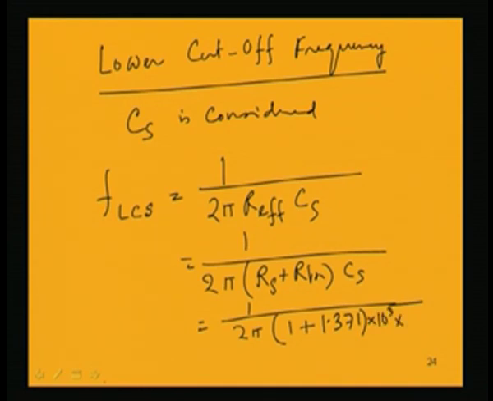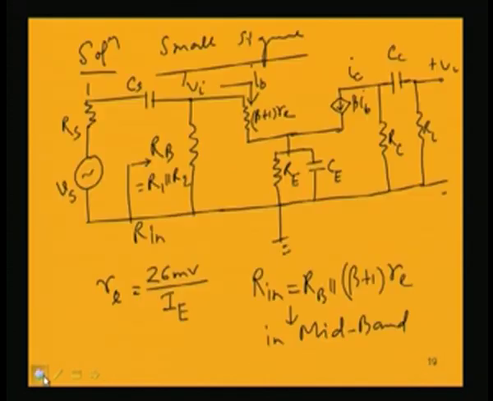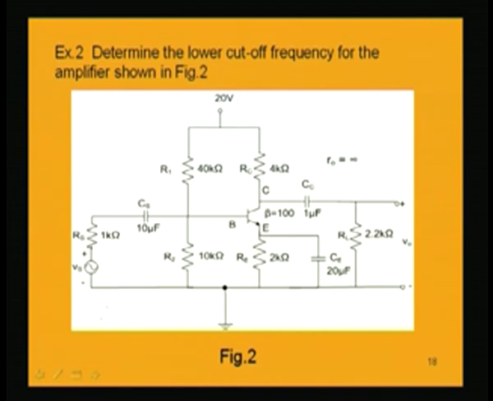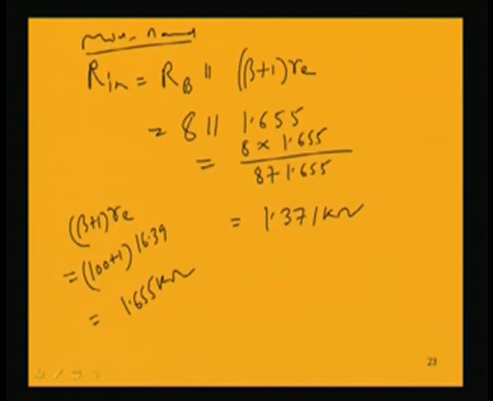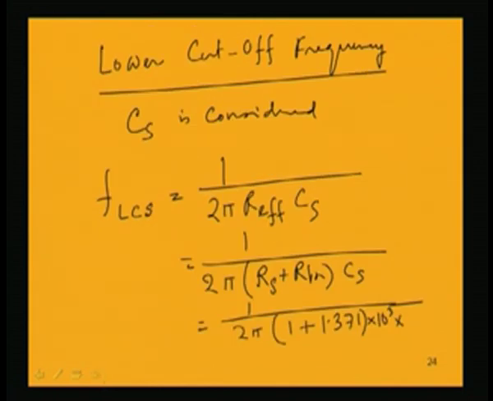CS in this amplifier circuit is 10 microfarad, so 10 into 10 to the power minus 6. The whole calculation gives the lower cutoff frequency due to CS as 6.71 hertz. This is the lower cutoff frequency due to CS only.